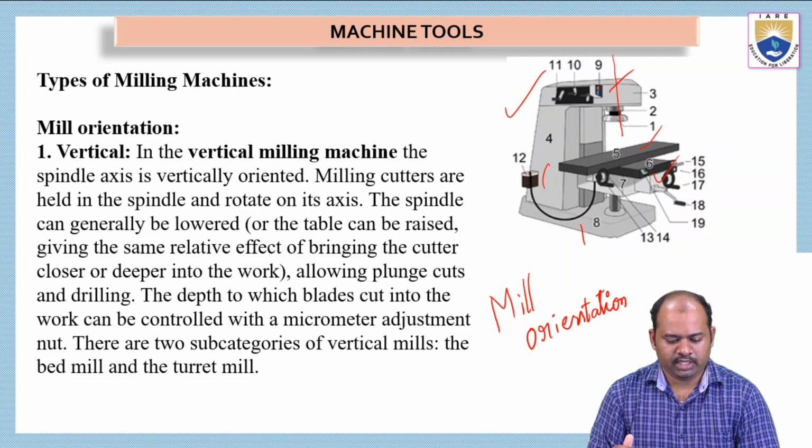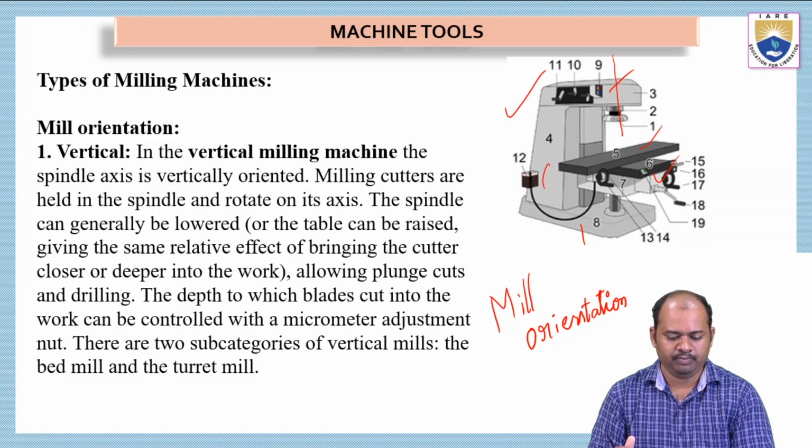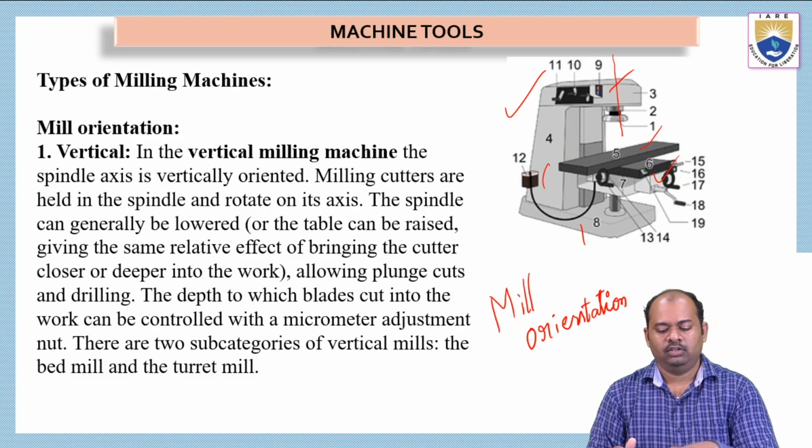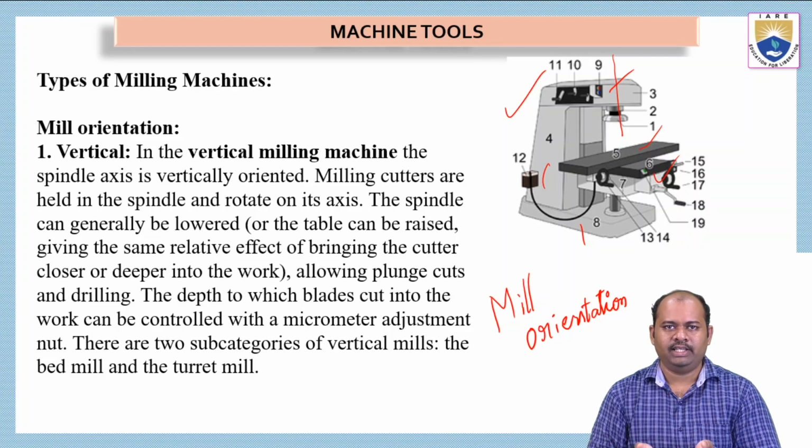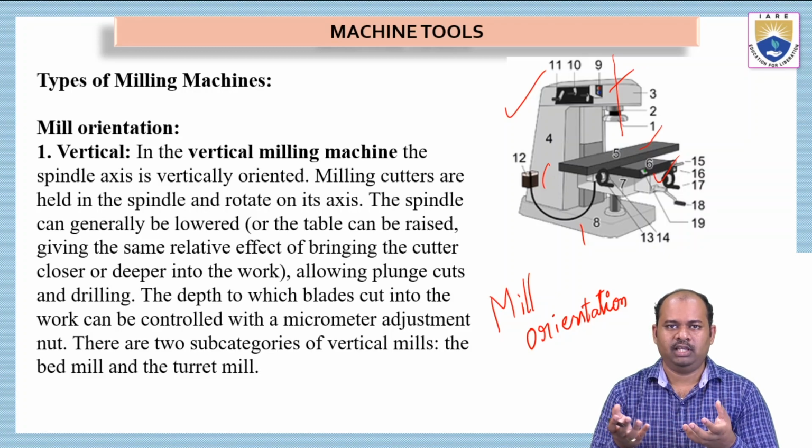Or the table can be raised, giving the same relative effect of bringing the cutter deeper into the work. So moving the spindle towards the workpiece or raising the table towards the tool will give you the same effect. There is no difference.